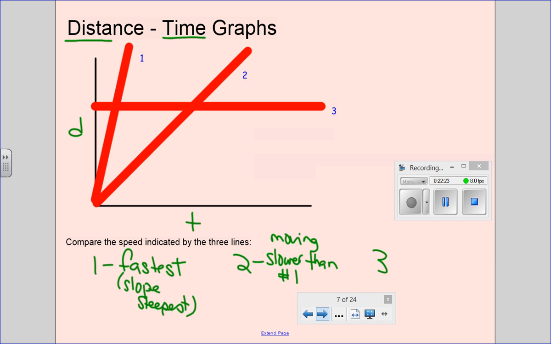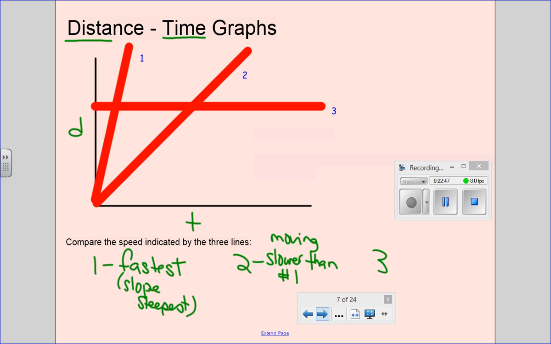Now, object number 3 is different. Can anyone tell me what object number 3 is doing? Sorry? You would think it's doing uniform motion, but I can't actually describe this as uniform motion. I have to say something a little bit different. She's right that there's something that's constant, but what's constant is its distance.